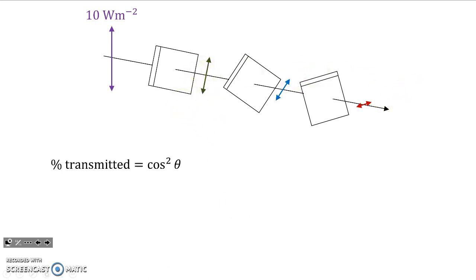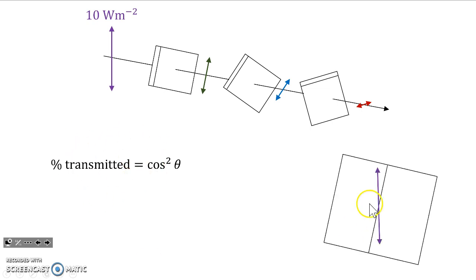Let's work through an example where the initial beam, or the initial ray, has an intensity of 10 watts per meter squared. We know what happens as the light passes through each filter, but we're going to do the math using this equation. When that first ray of light strikes the filter, only a component gets through.